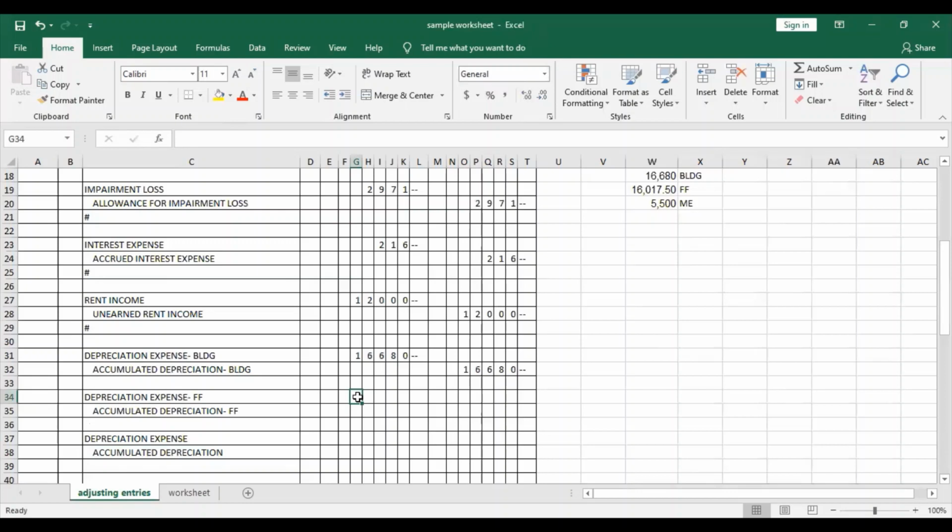Saka hindi ka na malilito kasi nakasegregate or nakaseparate yung depreciation mo for each fixed assets. So, ang depreciation mo for furnitures and fixtures ay 16,017 and 50 centavos.